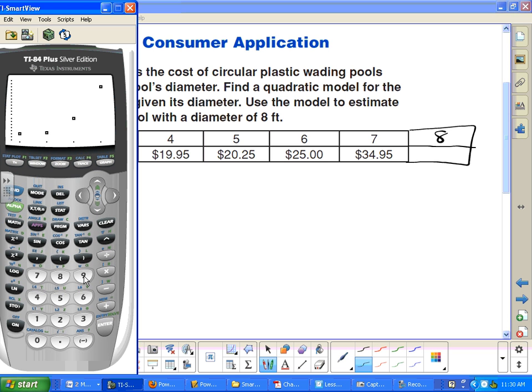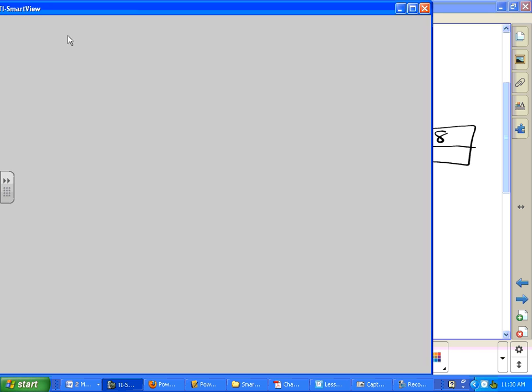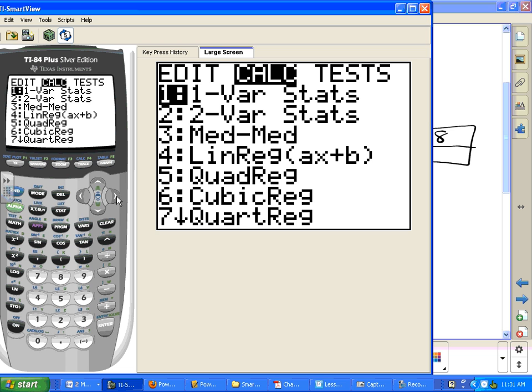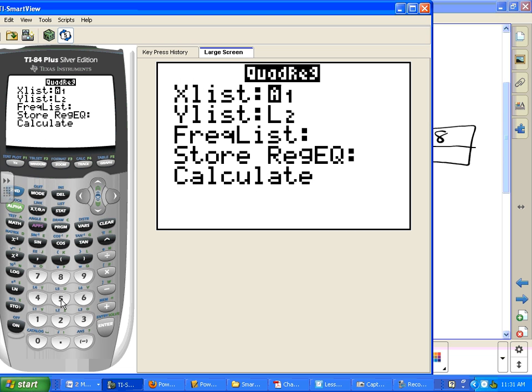And now we want to find the equation of the curve that's going to go through those points. So we go back to stat, over to calc, and then number 5, quadratic regression.